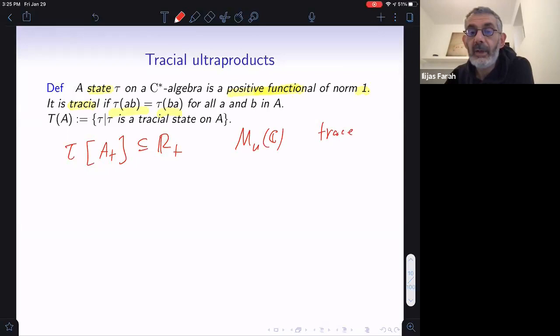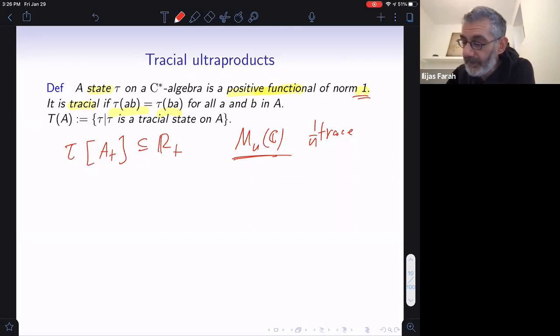The only wrong thing with the trace is that it is not of norm 1, it is of norm n. So you just need to normalize it, multiply by 1 over n, and then you get a positive functional, which is a tracial state. And on n by n matrices, this is a unique tracial state, which is essentially effective linear algebra.